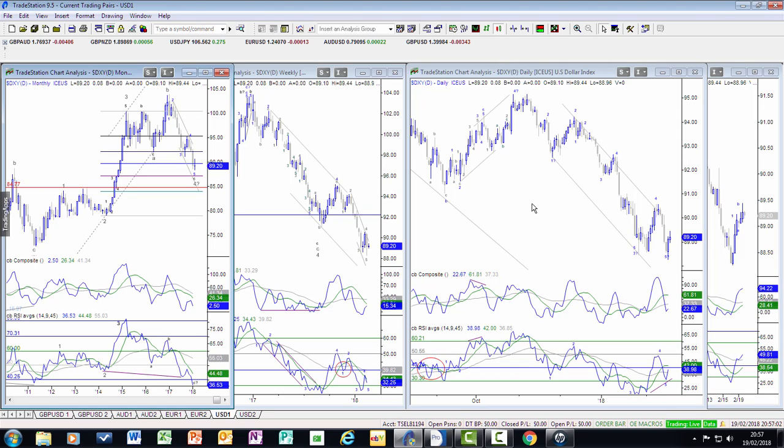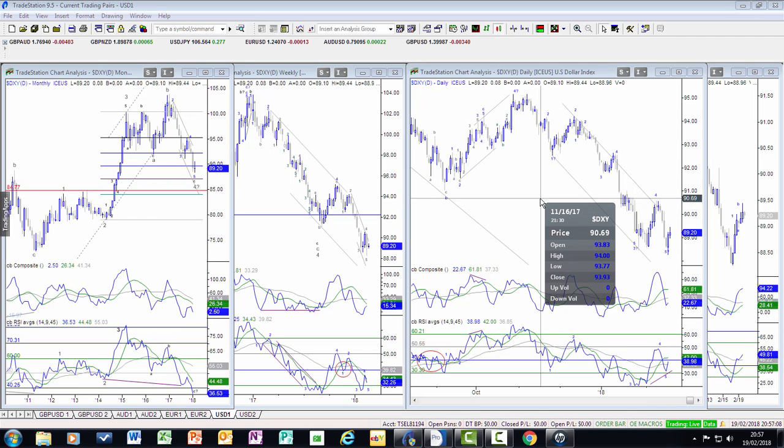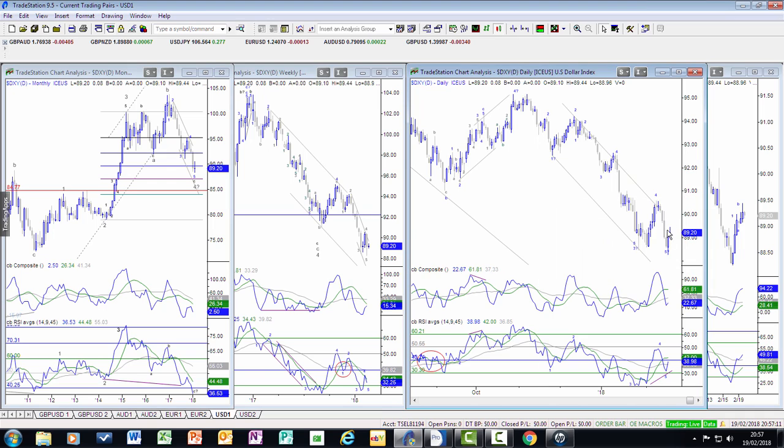So just as a point to continue to watch the dollar index for a possible bullish advance from this particular position.